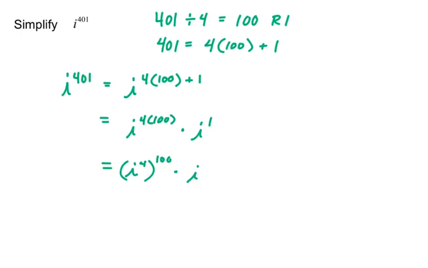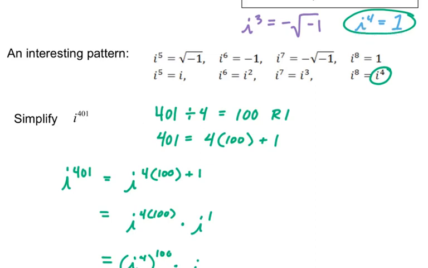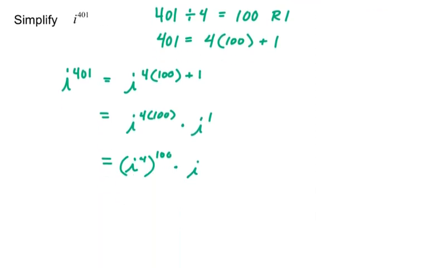And of course, I don't need to write that first power. Remember, I to the 4th is equal to positive 1. So this means I have 1 to the 100th times I. 1 to the 100th is just 1, and 1 times I would equal I. Therefore, I to the 401 is equal to I. And essentially, that I to the 1st, that 1, that's coming from the remainder when you divide by 4.